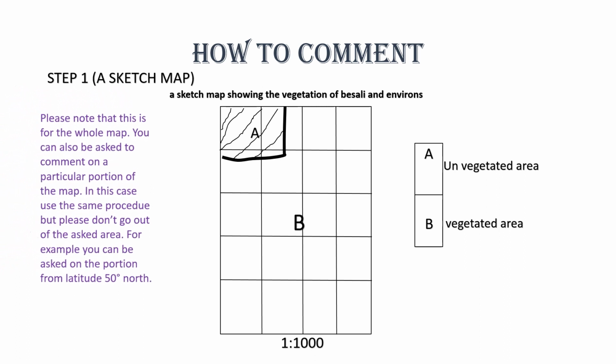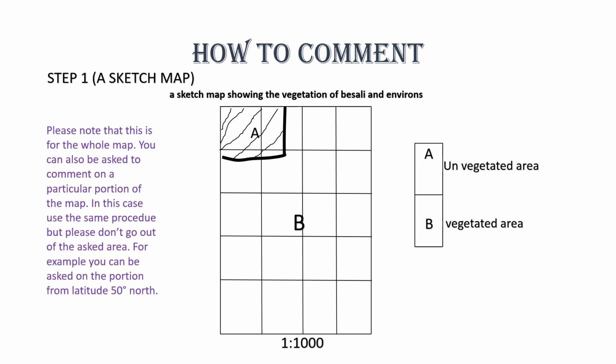Now take note. Please note that this is for the whole map. You can also be asked to comment on a particular portion of the map. In this case, use the same procedure, but please don't go out of the asked area. For example, you can be asked to comment on the portion from latitude 50 degrees northwards.